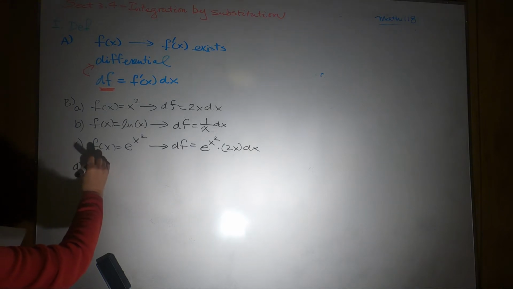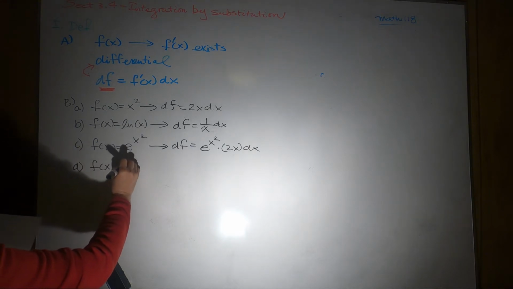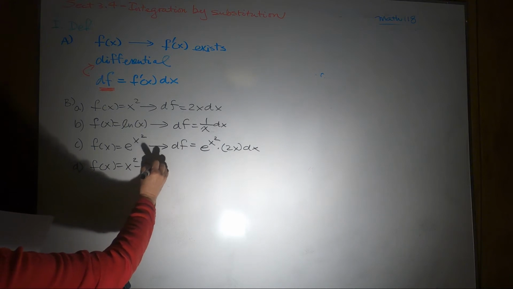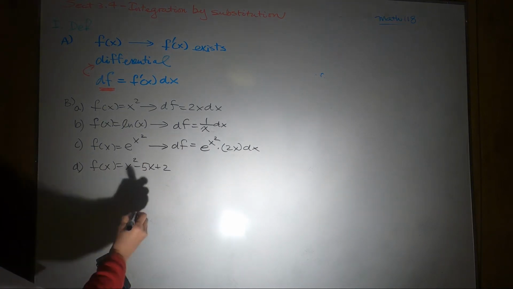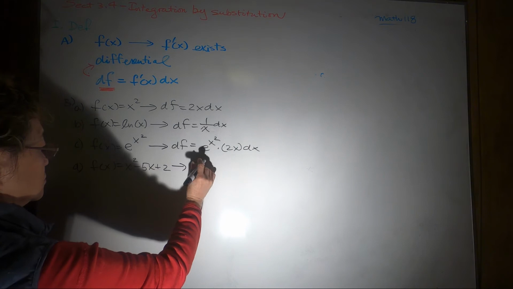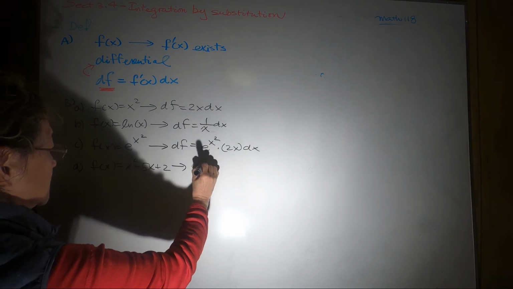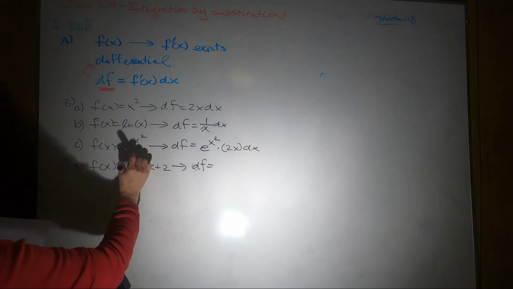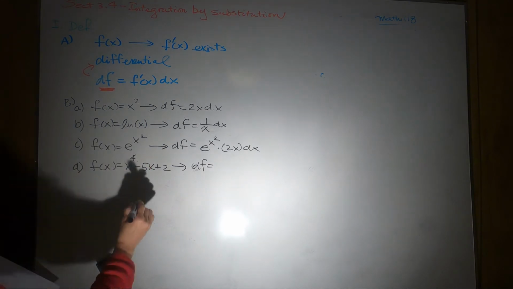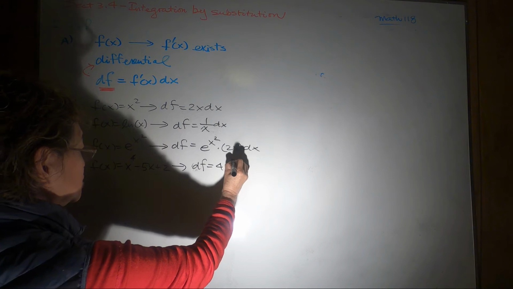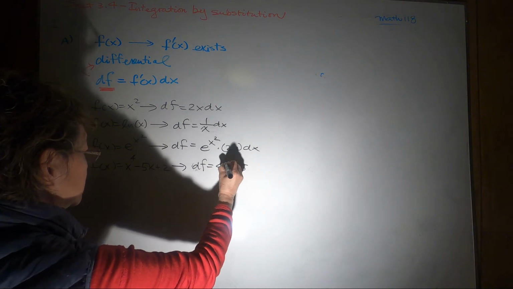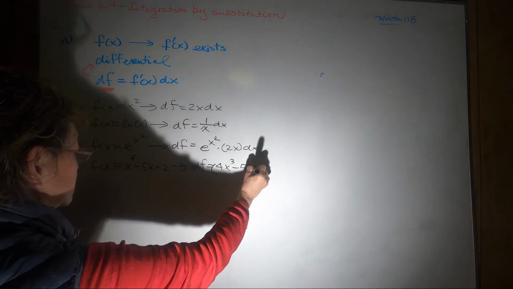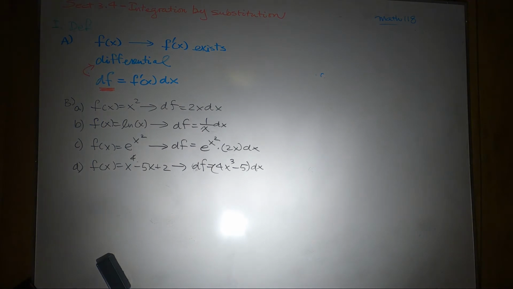Then we have f of x equals x to the fourth minus 5x plus 2. Then its differential df, taking the derivative, since this is a fourth power, would be 4x cubed minus 5 dx.